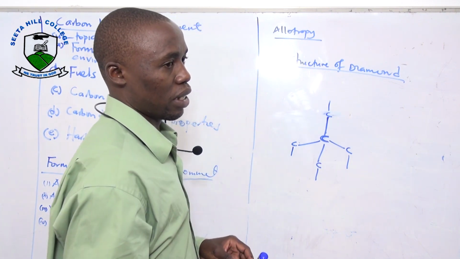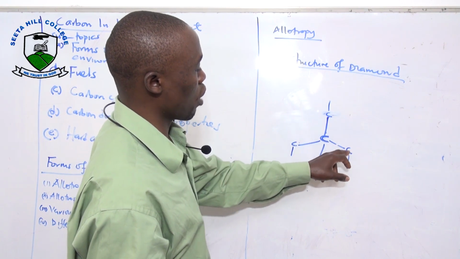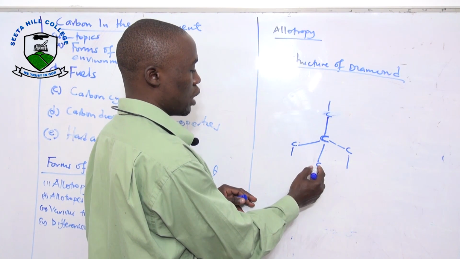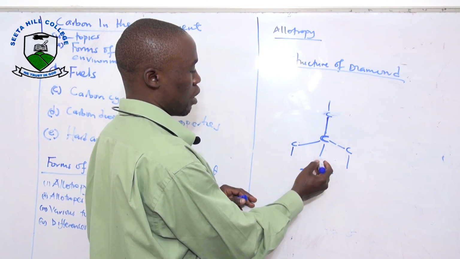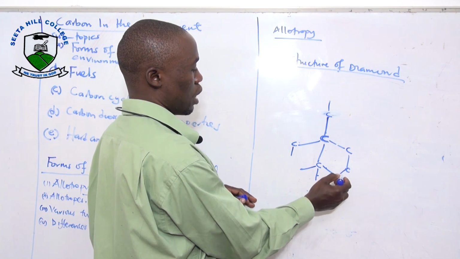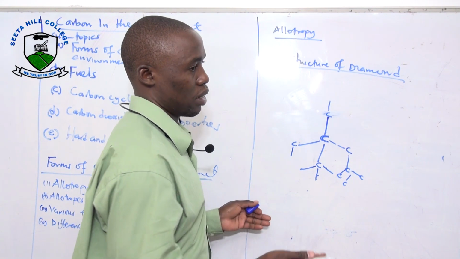You start with a carbon being joined to four. Each one will be joined to four as long as you are able to arrange four bonds around it. Like here, four bonds. Like here, you can have another carbon there, then you arrange four other corners like that.